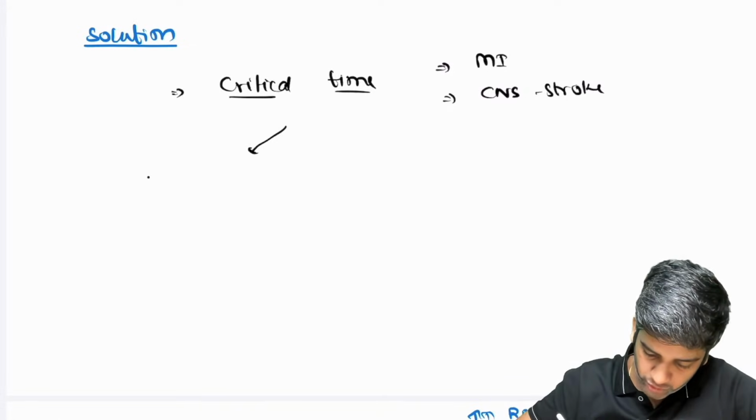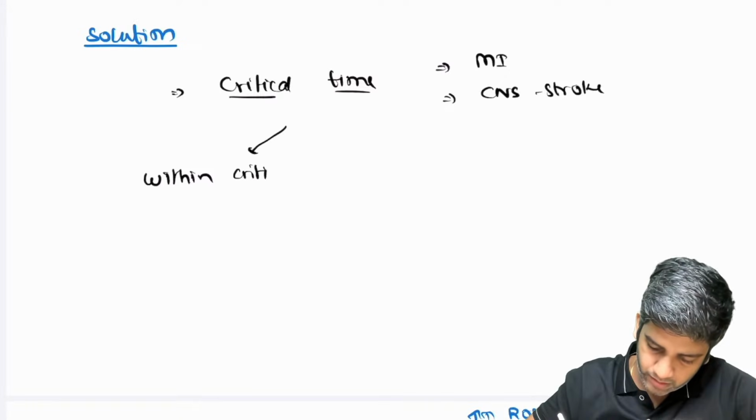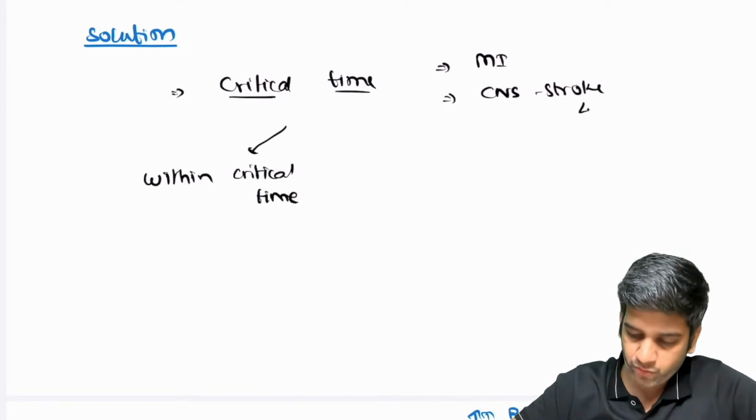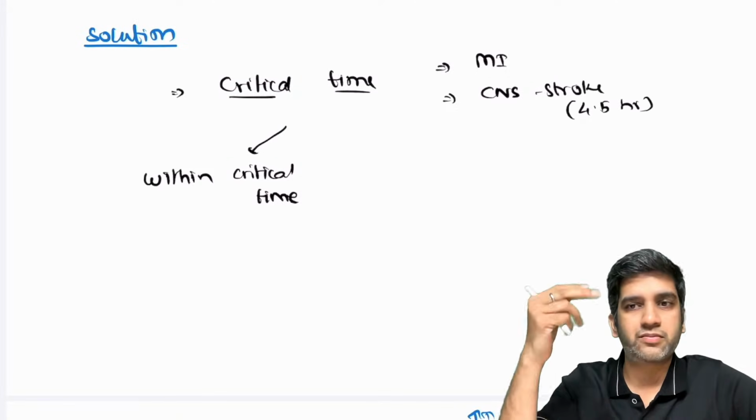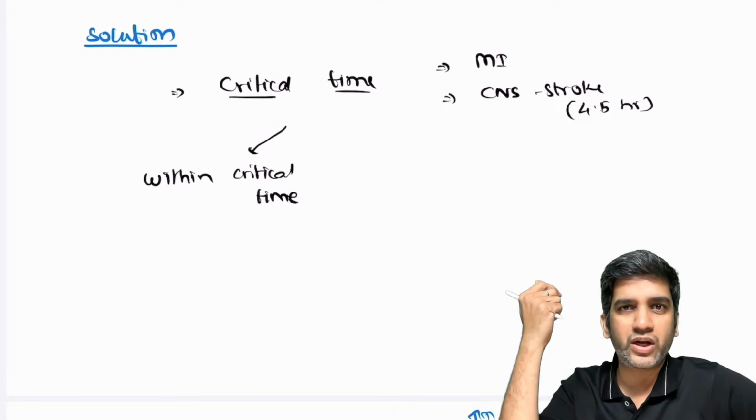If reperfused within the critical time, let's say the CNS critical time is 4.5 hours. If I reperfuse within 2 hours, they came within 2 hours, right?